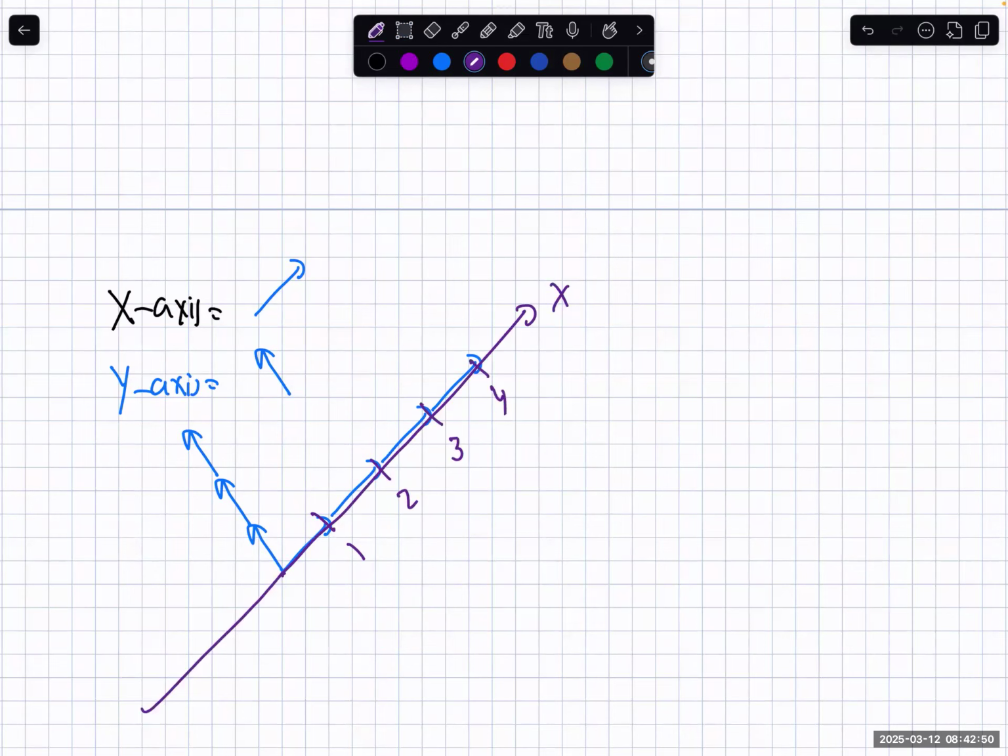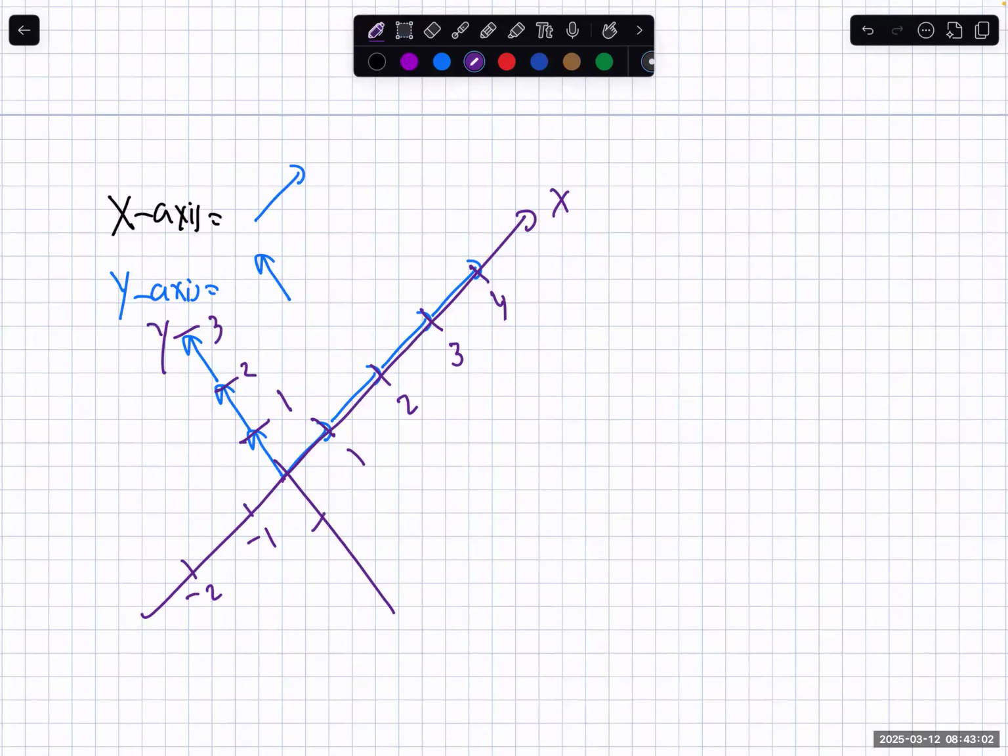And of course, negative x would go this way with a negative 1, negative 2. There's my y-axis, and positive y and negative y go this way. So hopefully you see that a pair of vectors will define a coordinate system.